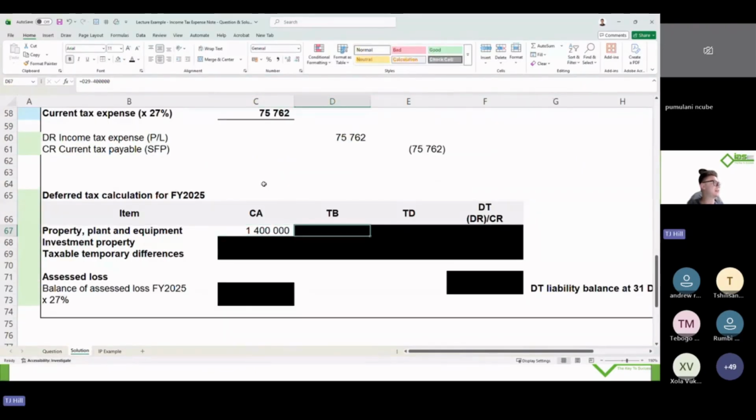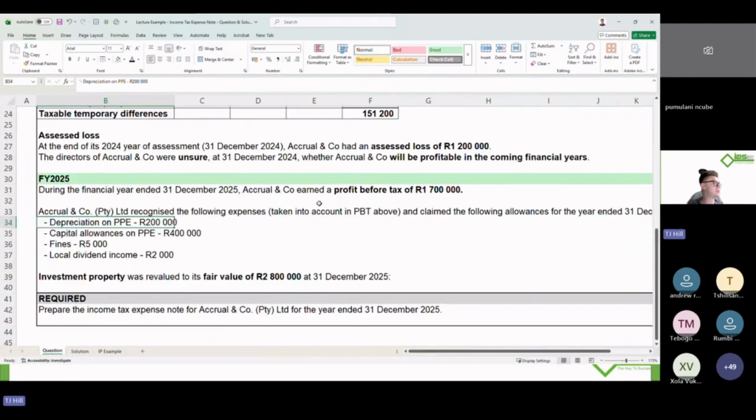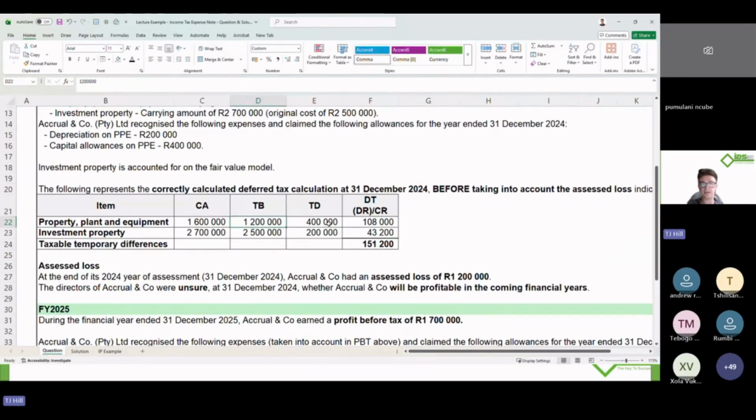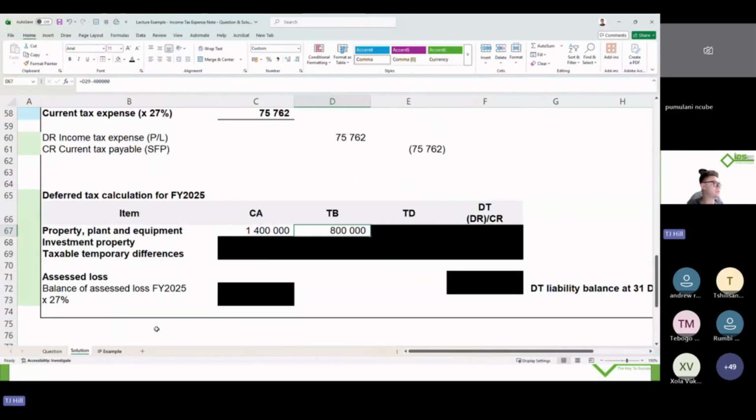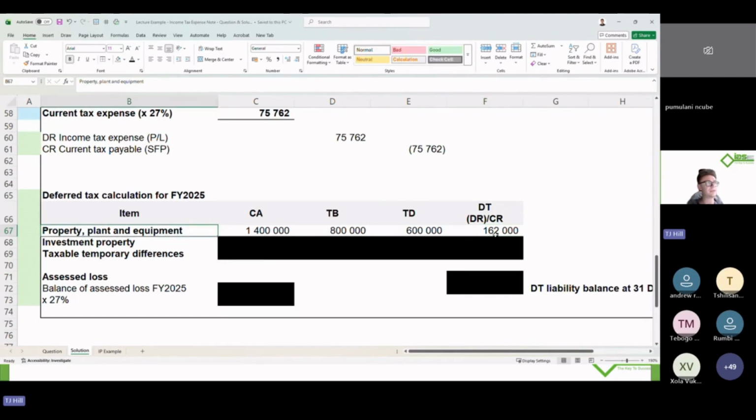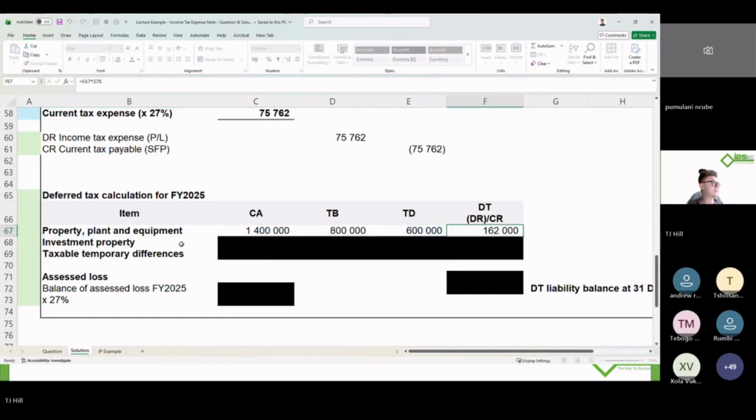My tax base I can calculate easily as well, because we had our future tax deductions last year of 1.2. I've claimed capital allowance of 400 this year. Thus, my future tax deductions are 800. Gives me my temporary difference. This will be through use because it's PPE that I'm using, times 27%.